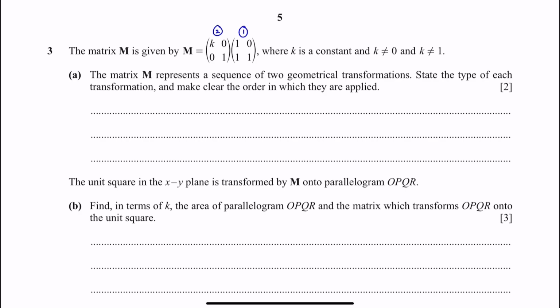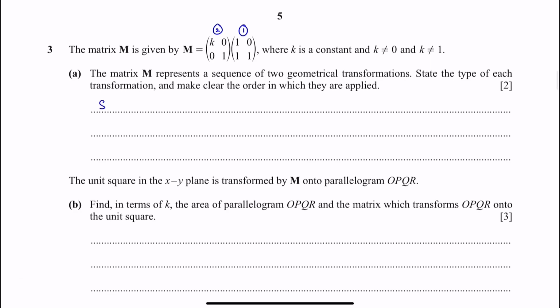So if we see that both of these numbers are 1, and there's a number here that is different from the top right corner, we can know that the first transformation is a shear.